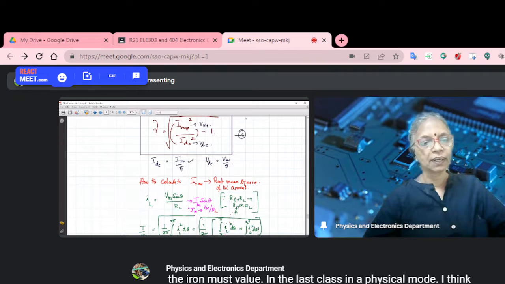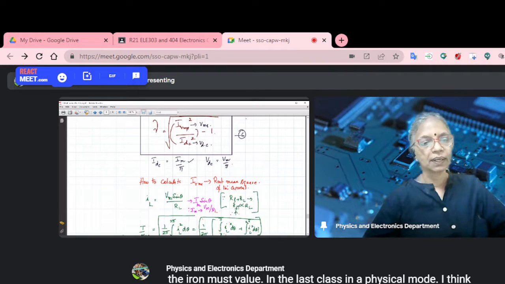Have you completed this? Yeah. So the load current is equal to the applied voltage. What was the voltage that was applied? It was Vm sin theta, divided by the load value, that is RL. But the effective load of the circuit is both RF and RL, the sum of the forward resistance of the diode RF plus the load resistance.